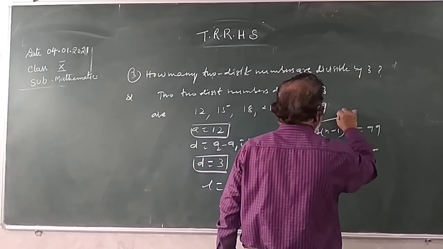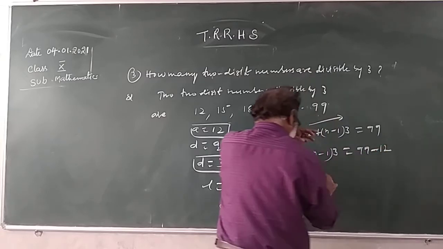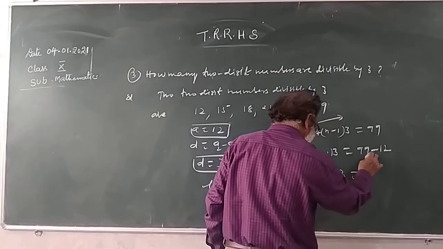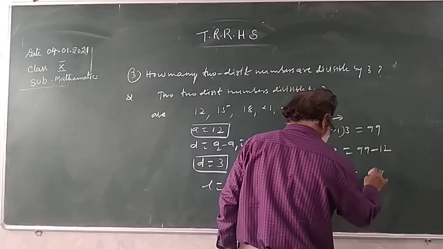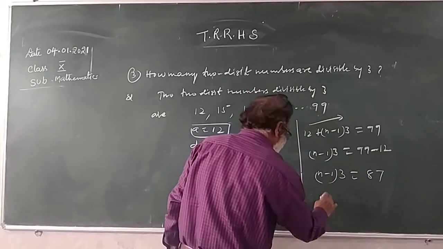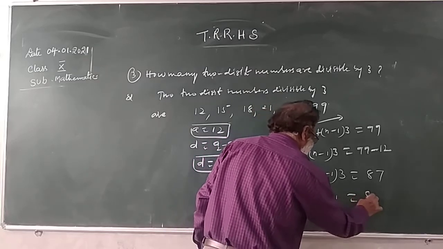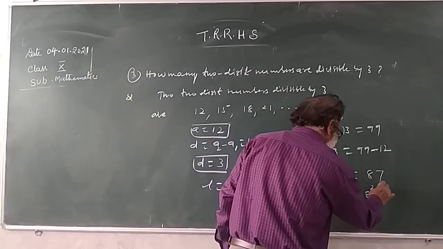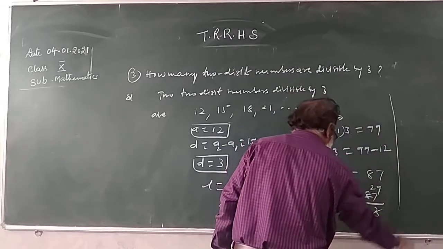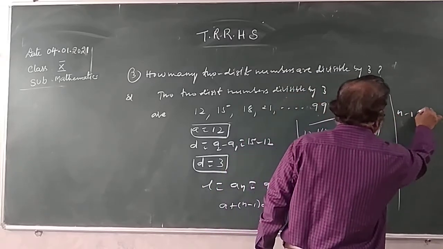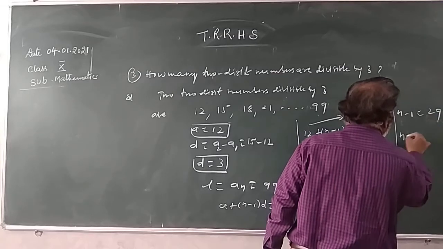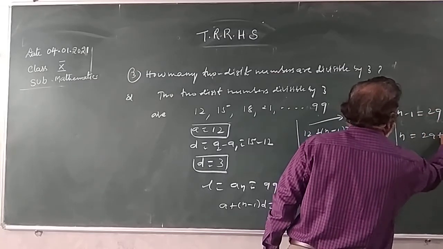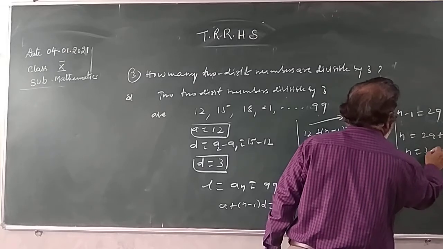So n minus 1 into 3 is equal to 99 minus 12, which is 87. N minus 1 is equal to 87 by 3, which is 29. So n is equal to 29 plus 1. N is equal to 30.